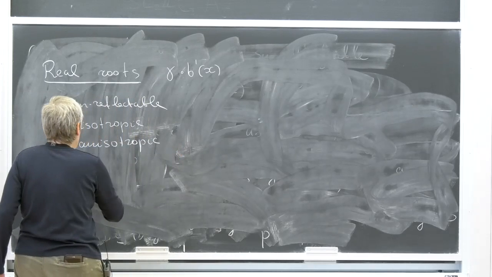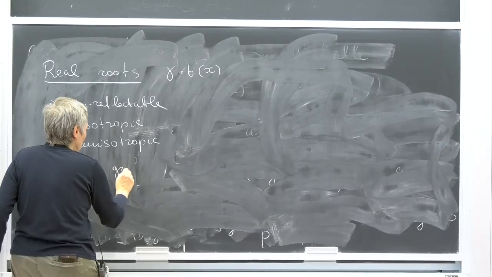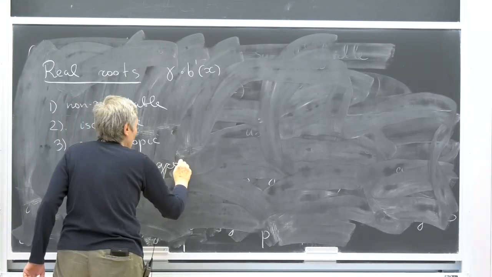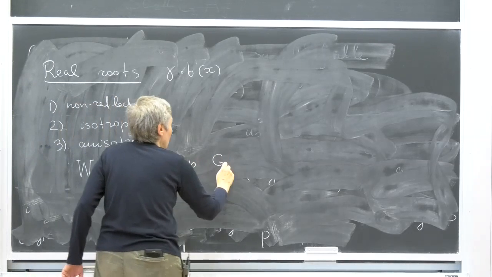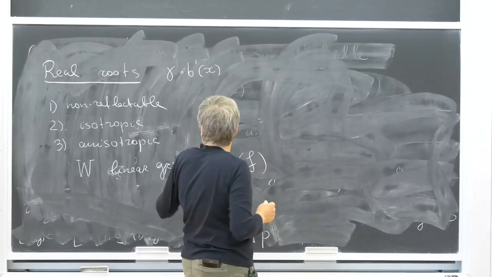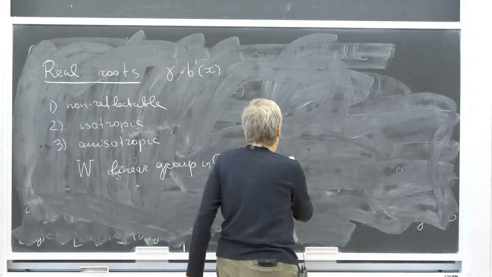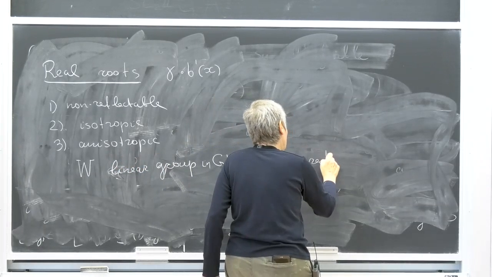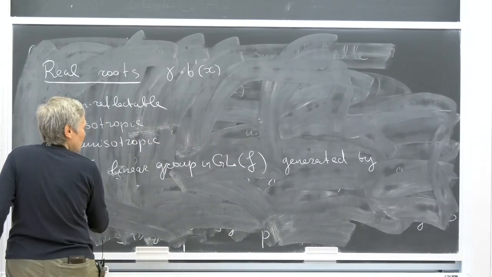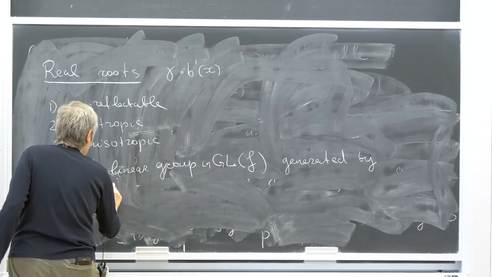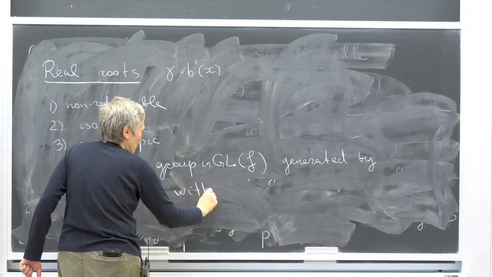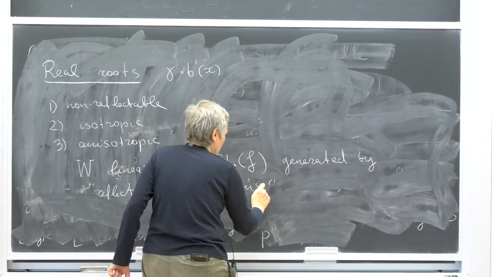So W is a group, a linear group, a subgroup in GL of H, generated by all reflections with anisotropic real roots.